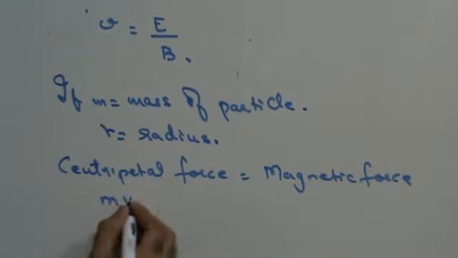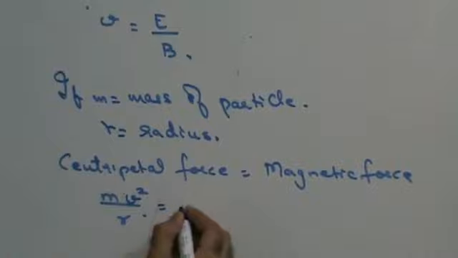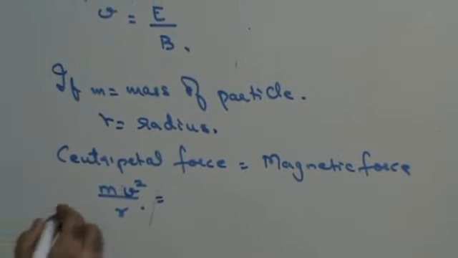Centripetal force is nothing but mv square by r. Magnetic force we found out is nothing but BeV.